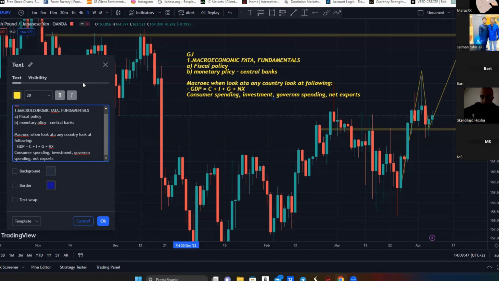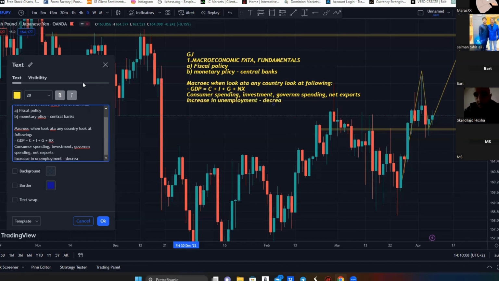That is a part of GDP, and that is why it is statistically important, because you see how many people are spending. If we have an increase in unemployment, like on Thursday or Friday, that leads to a decrease in consumer spending.